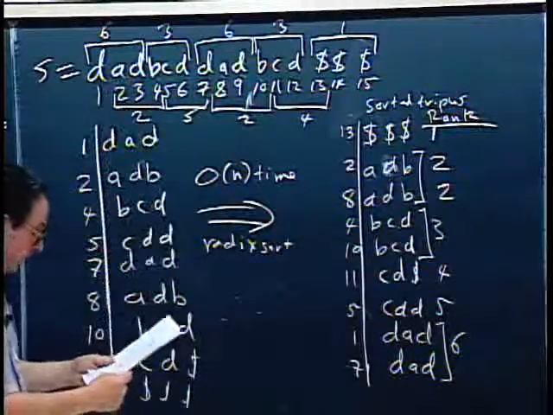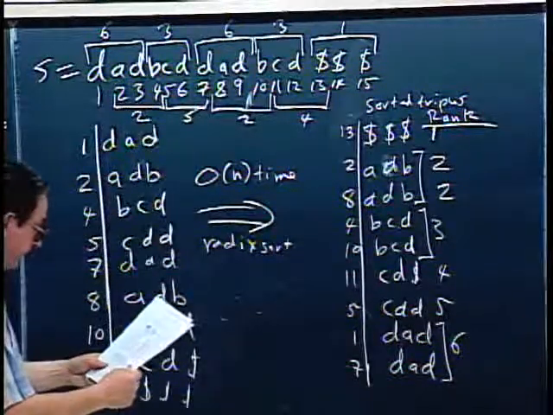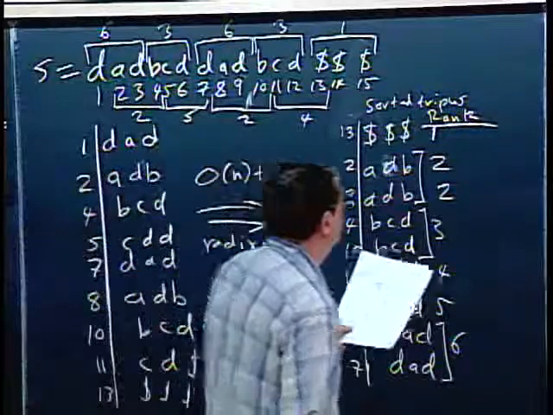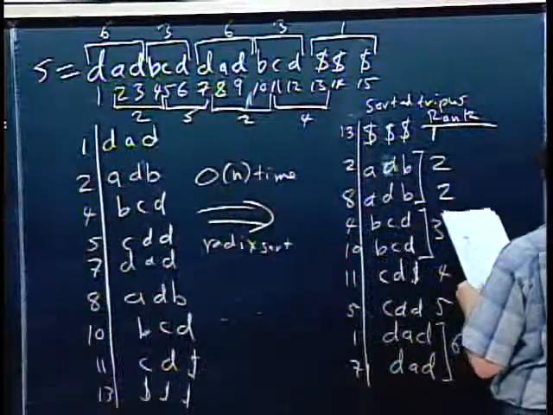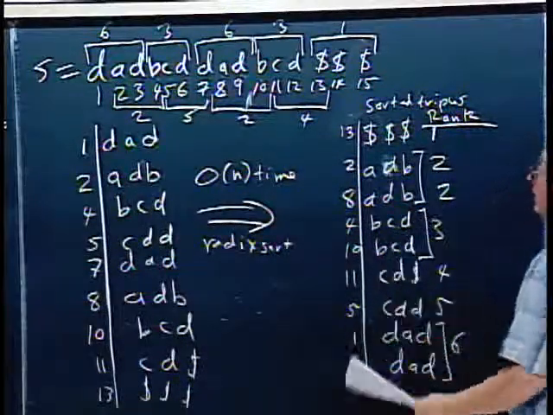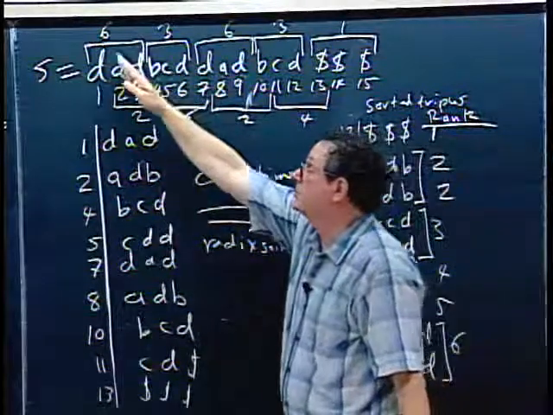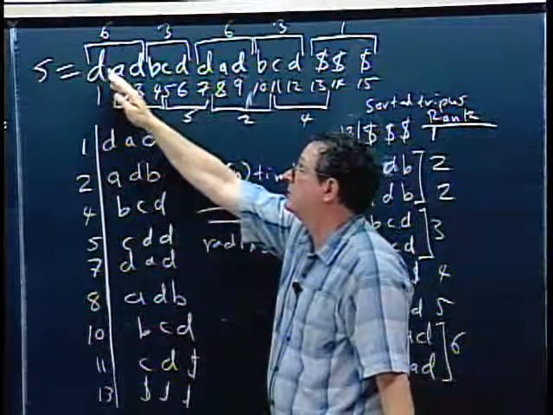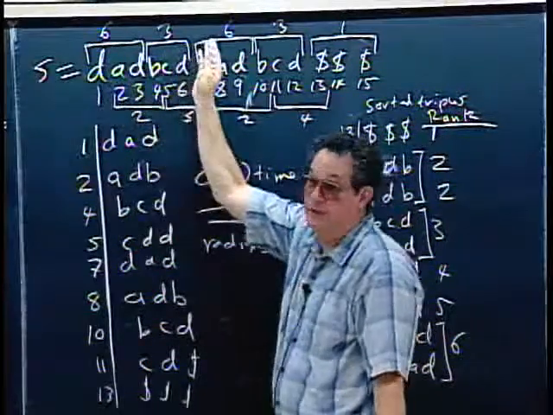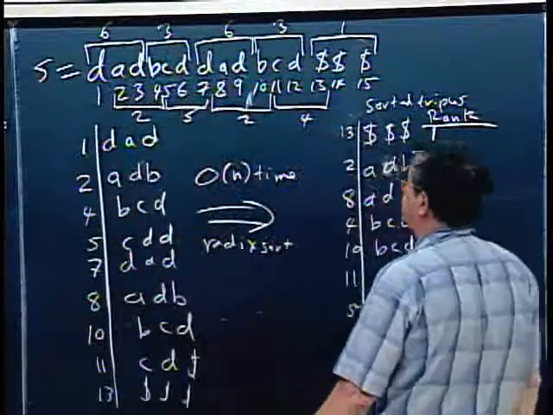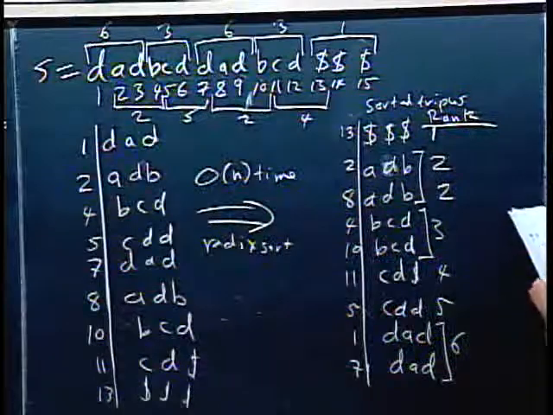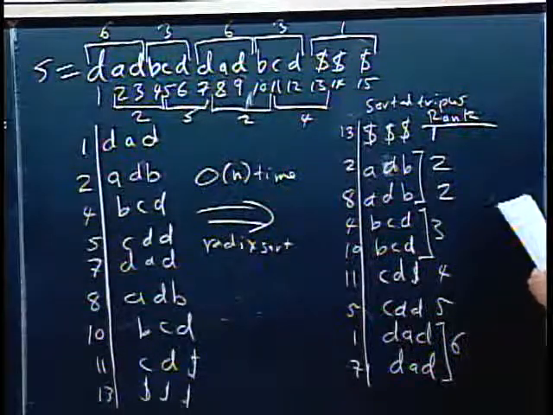Then we're going to form a funny kind of string. S prime is going to be all of the ranks for triples that begin at position 1 mod 3. So it's going to be 6, 3, 6, 3, 1.